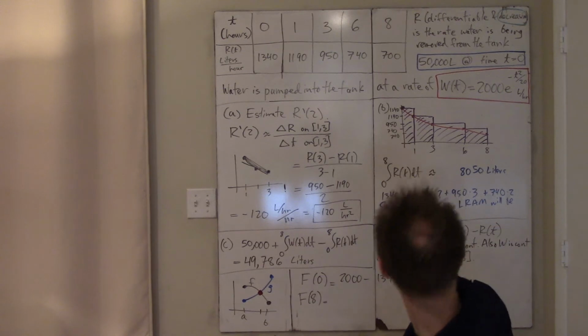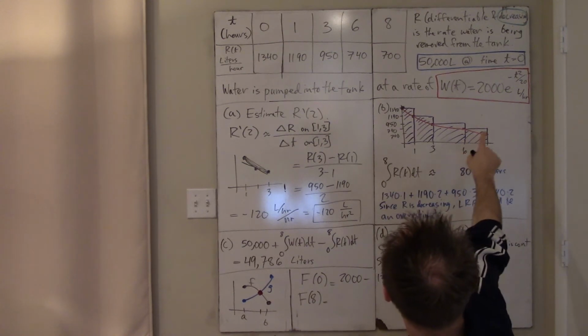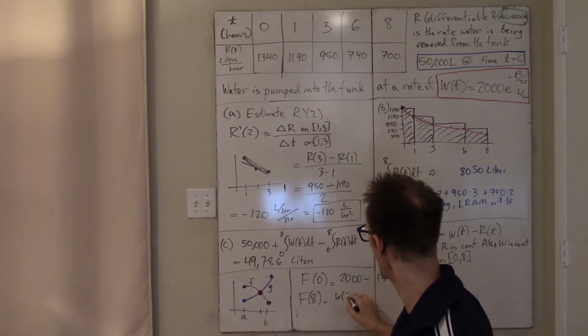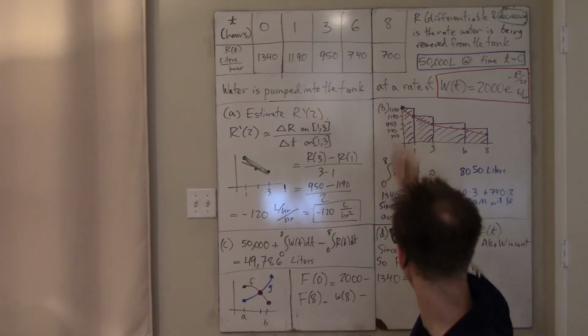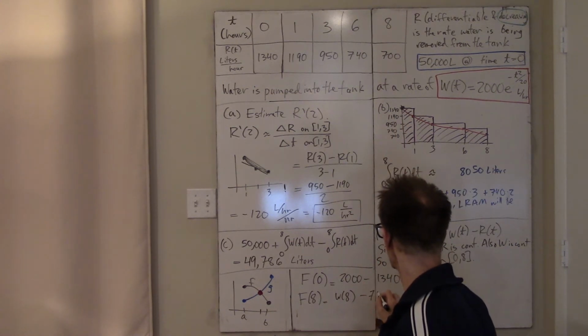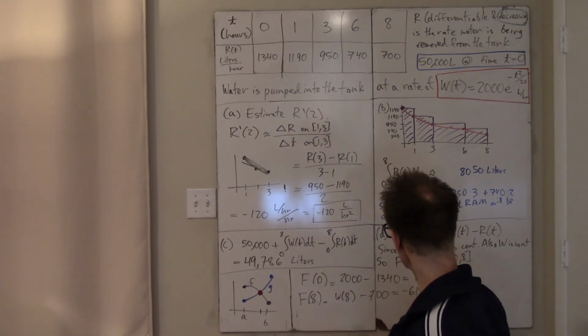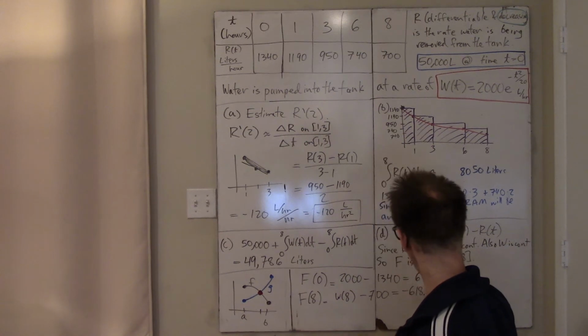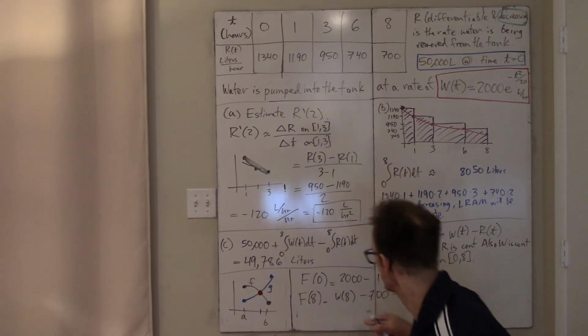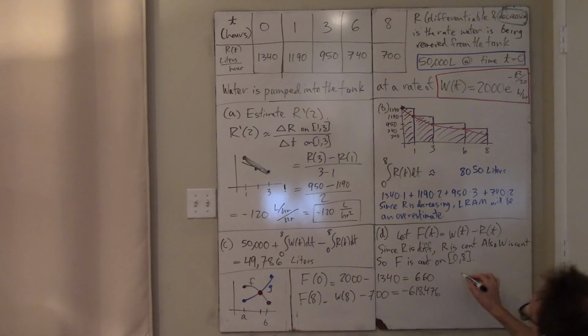W of 8 I can't do in my head, of course, but this is 700, and we'll do this in a second. But the answer is that I get negative 618.476.